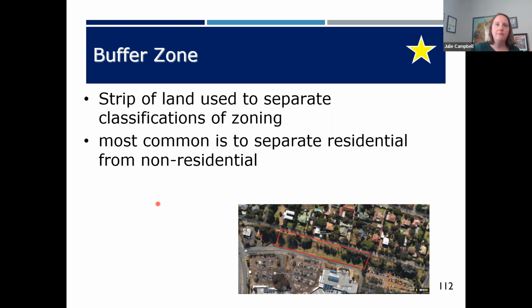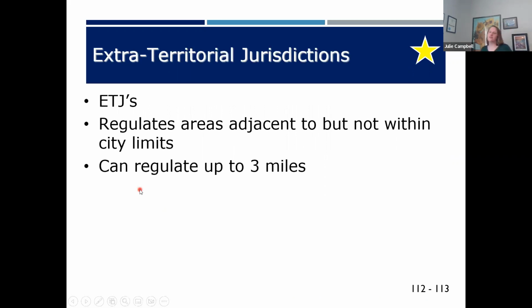Another zoning term. Extraterritorial jurisdictions, also known as ETJs. These are cities, maybe townships, that aren't big enough to have their own government. So they kind of piggyback off of the governmental authority next to them.